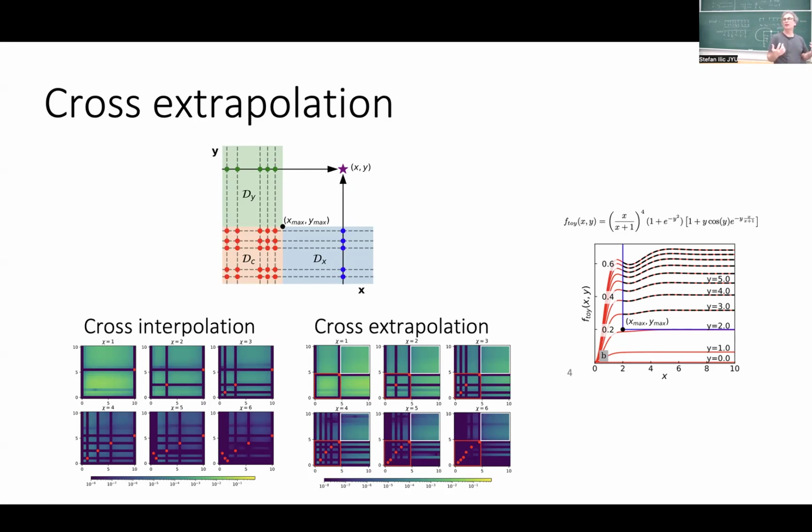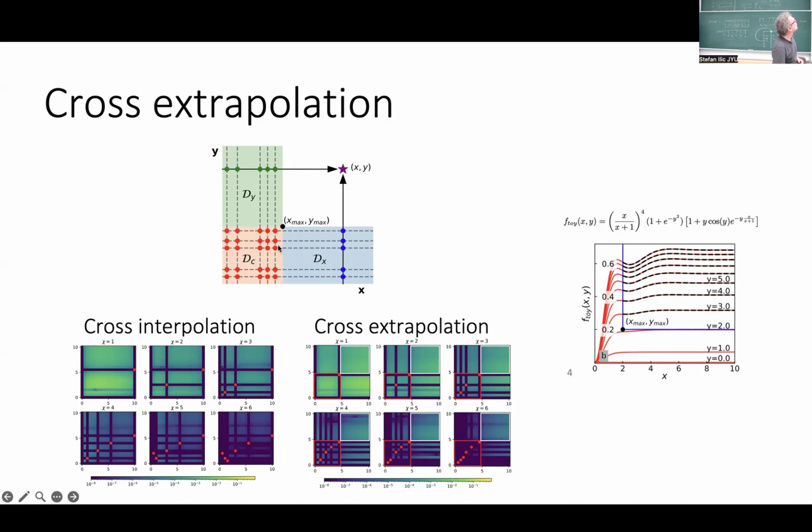Sometimes people don't really say anything about it, but you assume something. One possible assumption is that this function of x and y is actually not too entangled. So as a matrix of x and y, it has a low rank. If that is the case, then you can use cross interpolation to calculate everywhere from the knowledge of this cross.